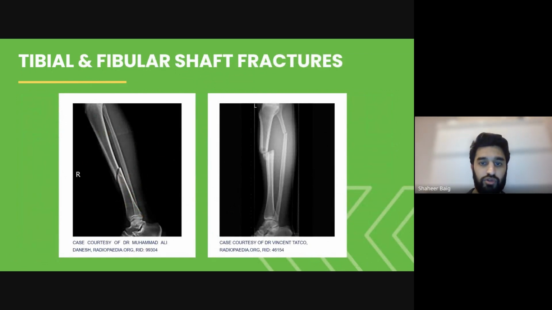So coming down into the tibial and fibular shaft fractures, one thing to note, which I didn't cover in the pelvis, or it may have been covered in a different lecture, is the tibia and the fibula act as a ring.